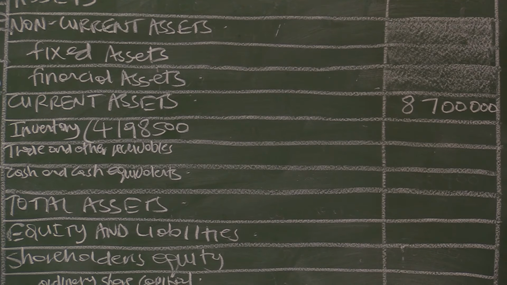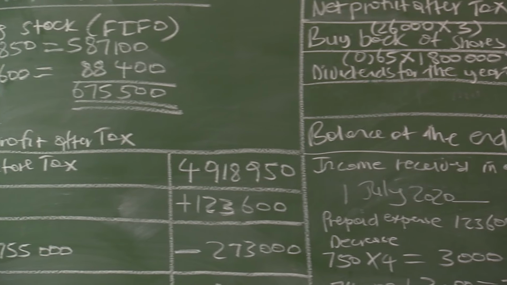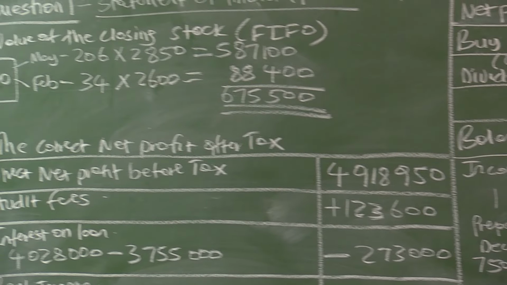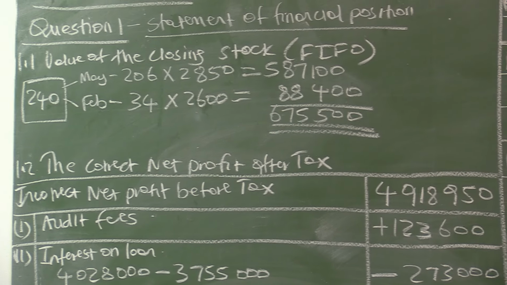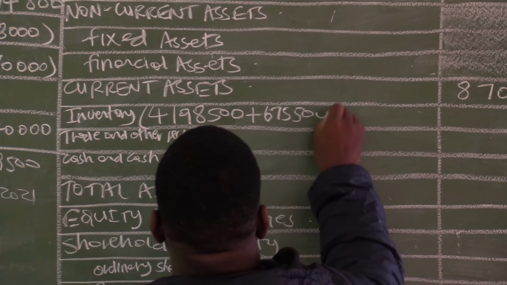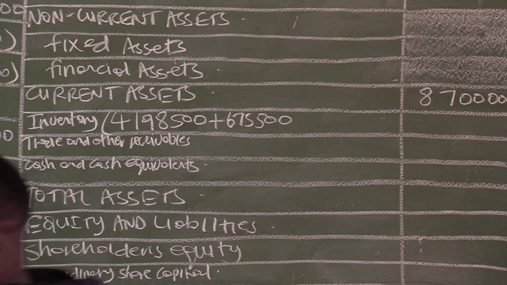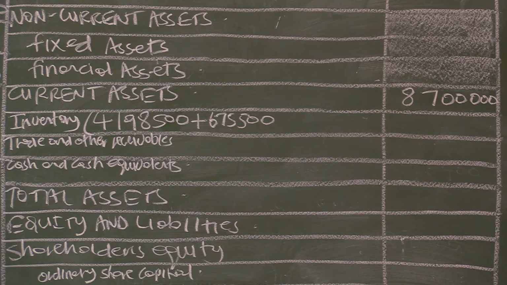There is also this stock which was not accounted for, that we calculated at the beginning, of 675,500. That's plus 675,500. That is our stock. That's plus, because we were told in that transaction that the stock was omitted.